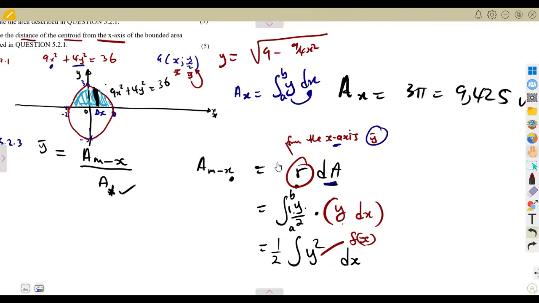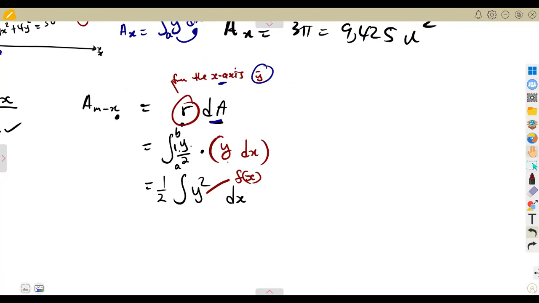And remember, from our manipulations there, we had y squared before we simplified to obtain y. We had y squared, which is 9 minus 9 over 4 x squared. That is where we introduced the square root to obtain y.